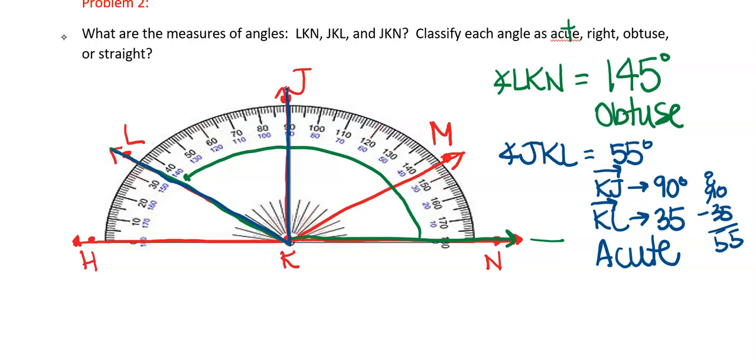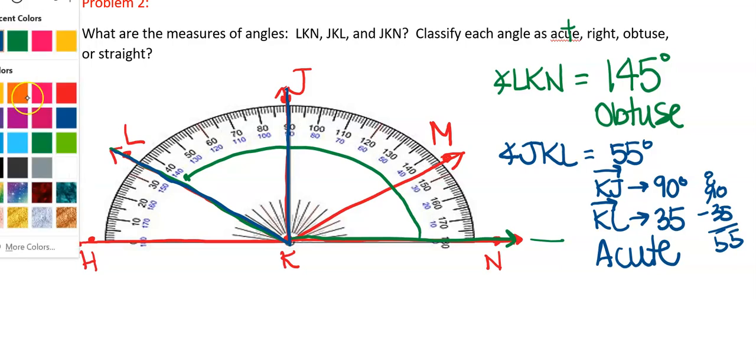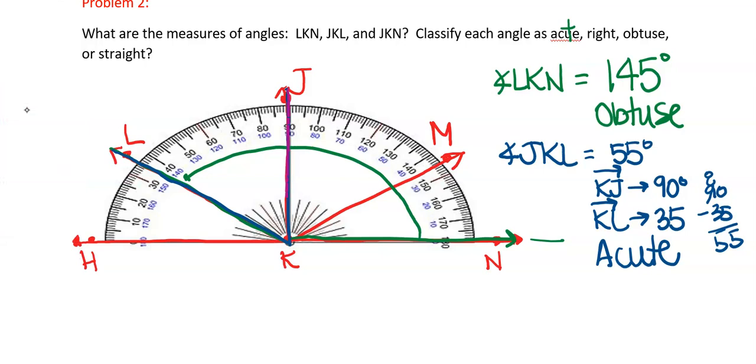Okay, and then they have one more. Let's go with purple. JKN, that's this one. Notice that KN follows the 0. For this one, we'll also go counterclockwise.